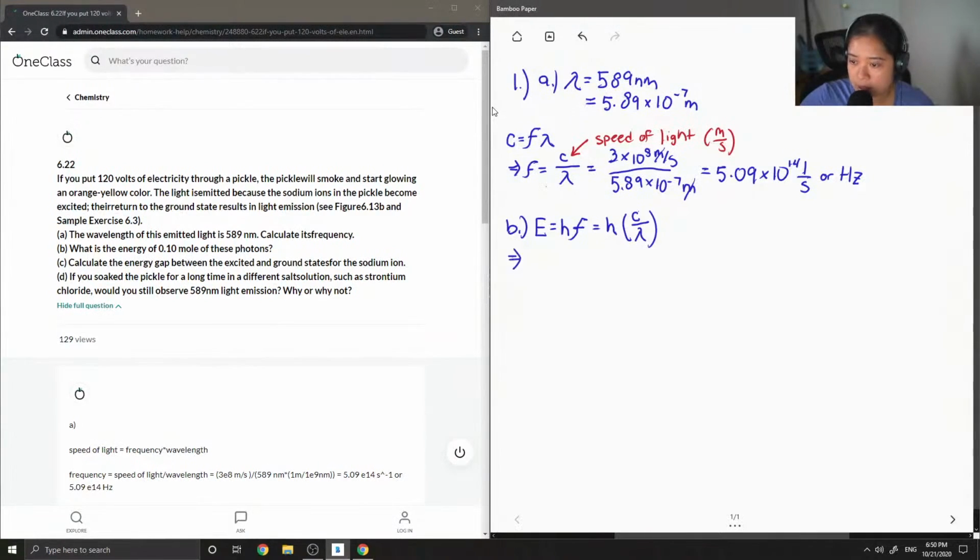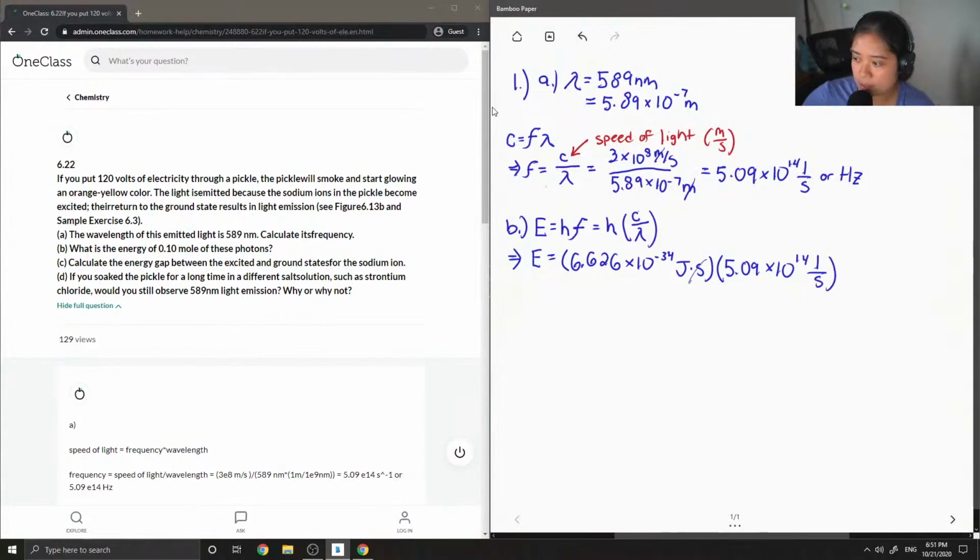But in our case, we're lucky since we know the value for frequency. Now we just have to plug in Planck's constant, which is 6.626 times 10 to the negative 34, and its units are joules times seconds.